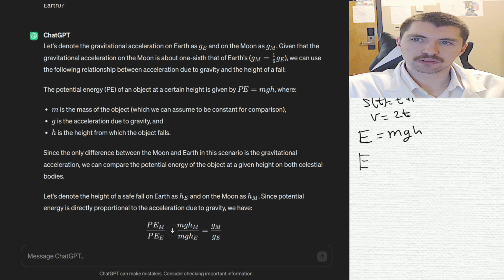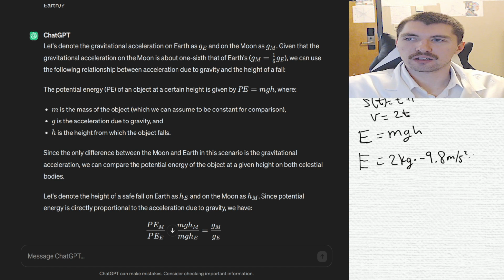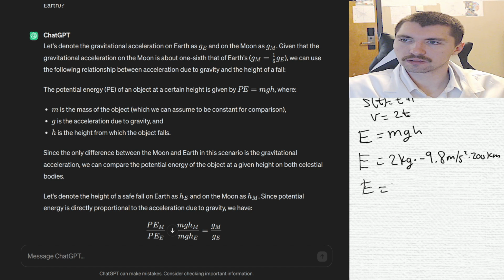So I'm thinking that's in newtons, but let's say we're dropping 2 kilograms from a height of 200 meters.